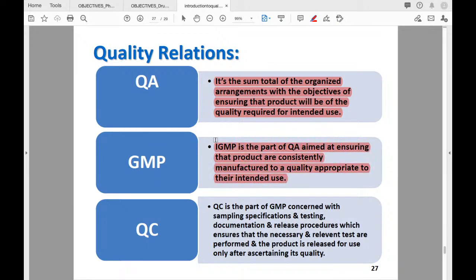That is, what you want to produce is produced consistently with the quality taken care of. And further, QC is a part of GMP, dealing with sampling, specifications, testing, documentation, and release procedures, which ensures that necessary and relevant tests are performed and the product is released for use only upon certainty of its quality.